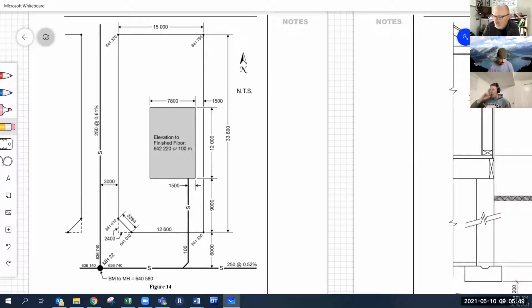Next question says, what is the architectural elevation of the main floor? And we determined that before. It is 100 meters right there.